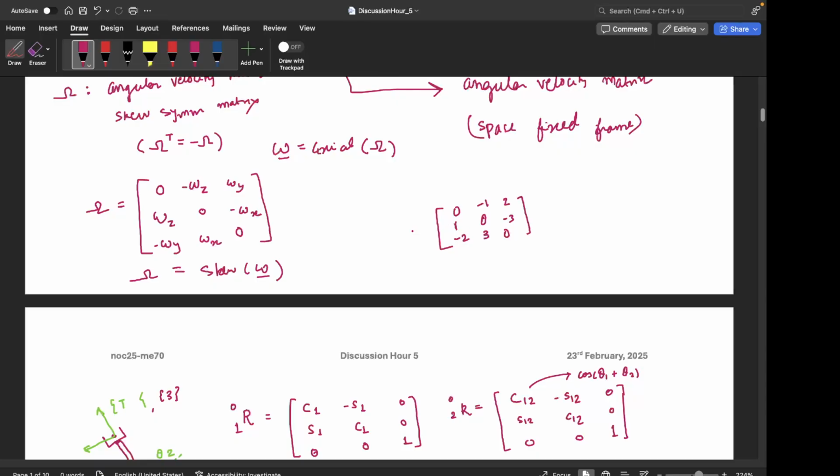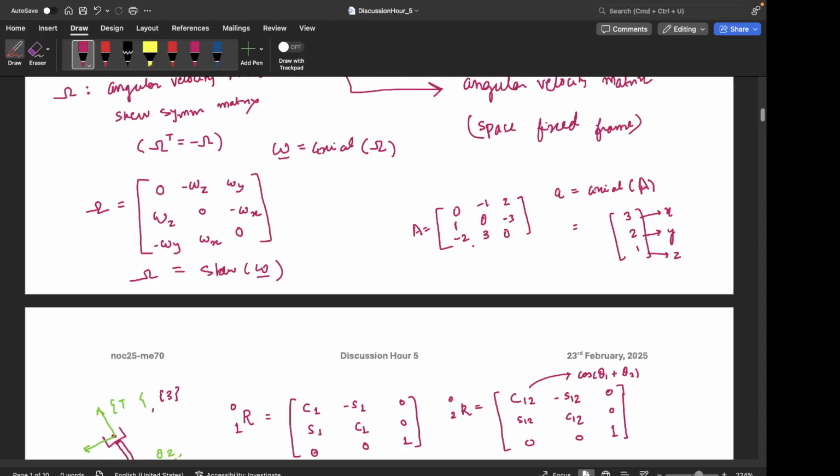If this is a matrix A, then the axial of A is a function which takes in a skew symmetric matrix and gives me these 3 values arranged like this, that is 3, 2, 1. So this is the x part, this is the y part, and this is the z part.